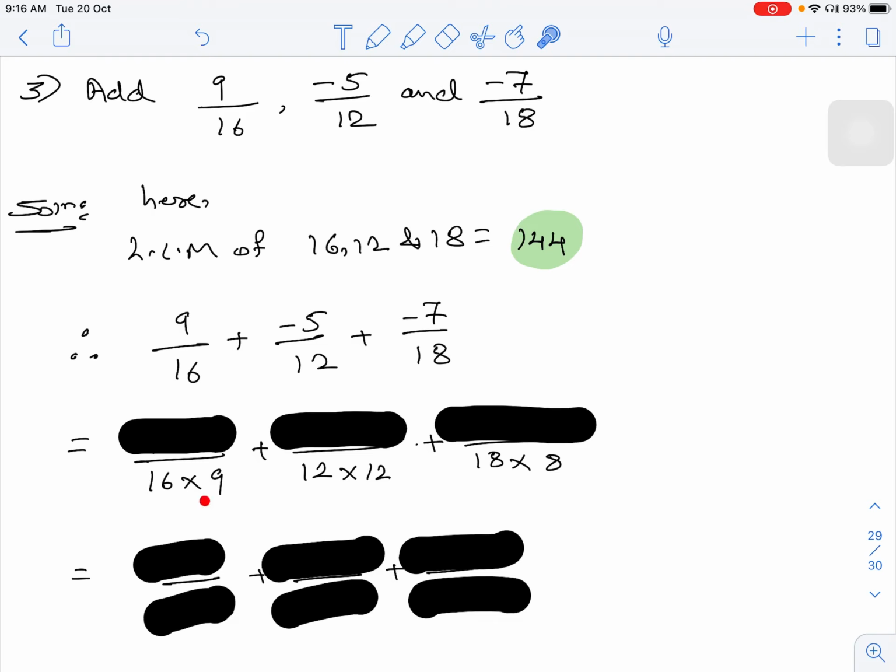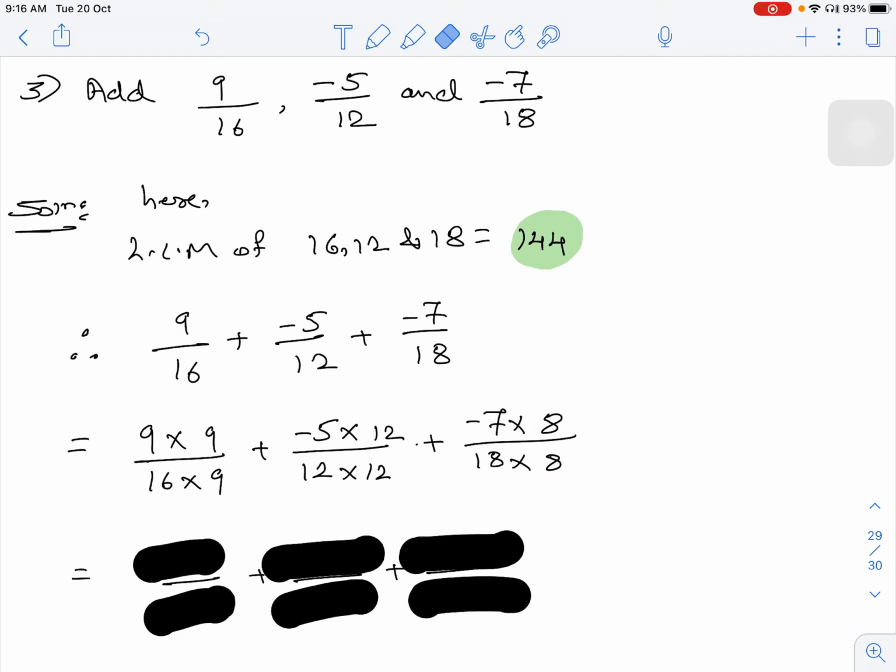So here we have multiplied the denominator by 9, so the numerator will also be multiplied by 9. Here we multiplied the denominator by 12, so the numerator should also be multiplied by 12, and here we multiplied the denominator by 8, so this minus 7 will also be multiplied by 8.